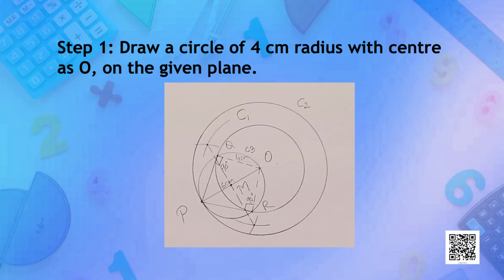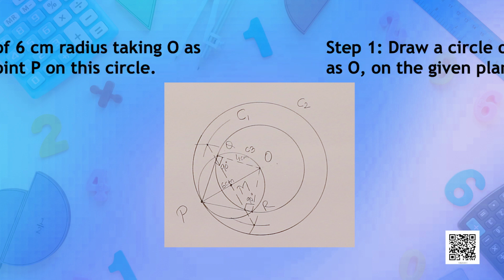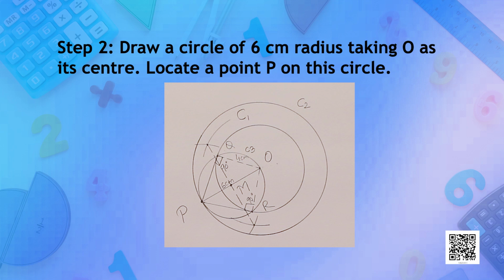Let us see the steps of construction. So, the first step will be to draw a circle of 4 centimeter radius with center as O on a given plane. Then draw a circle of 6 centimeter radius taking the same center O and locate point P on the second circle.